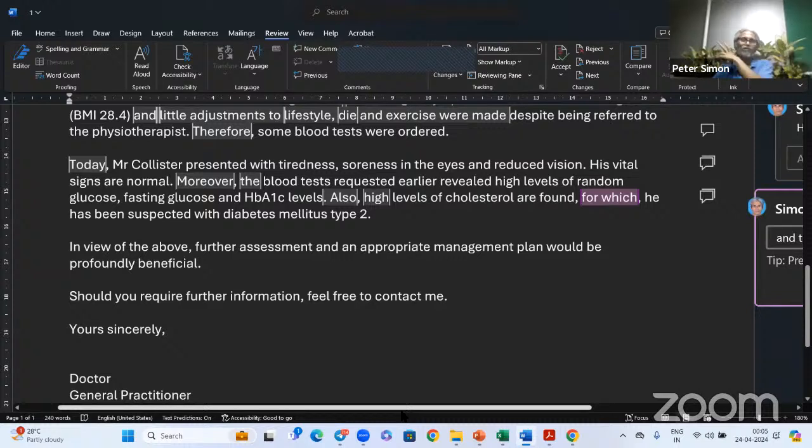He has been suspected with. So "with" is removed. And therefore, diabetes mellitus type 2 has been suspected. He has been suspected of having diabetes mellitus type 2. Diagnosed with type 2 diabetes, okay, but suspected of having diabetes mellitus type 2.